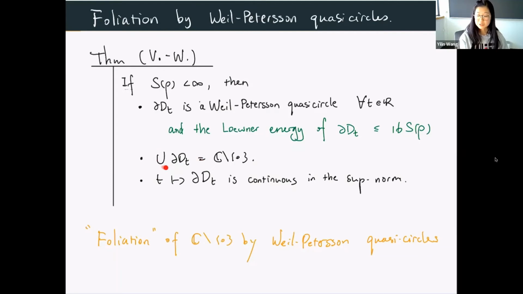And the union of these curves covers the whole plane. And the last thing is that it's continuous in time t for the parameterization by conformal map. This is what we call a foliation by Weil-Petersson quasicircles. It's really covering the whole sphere.